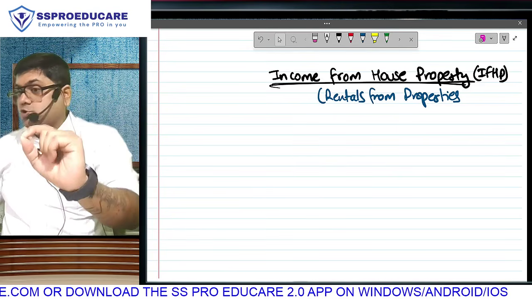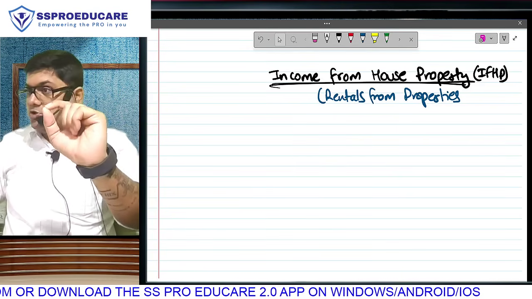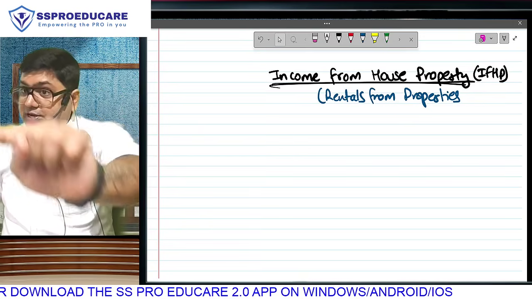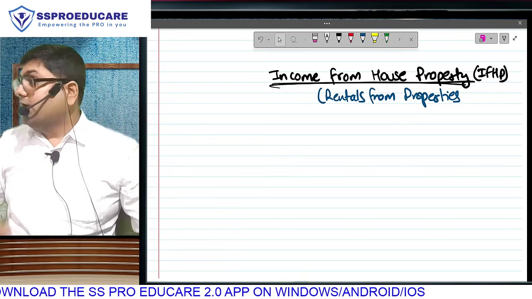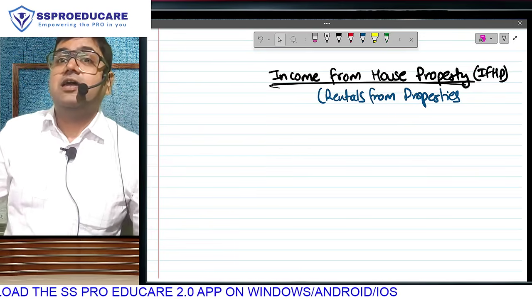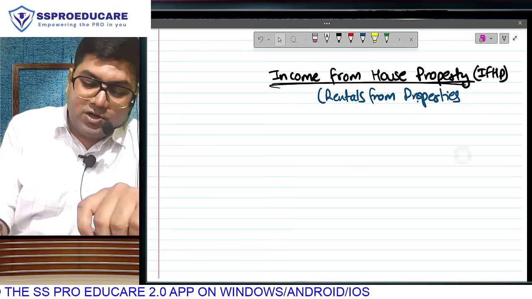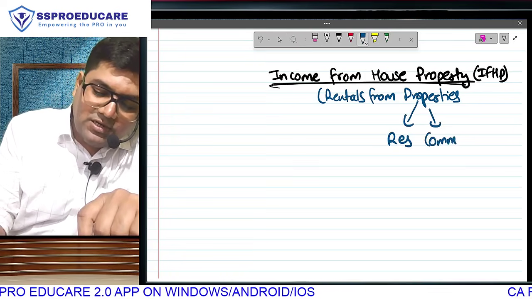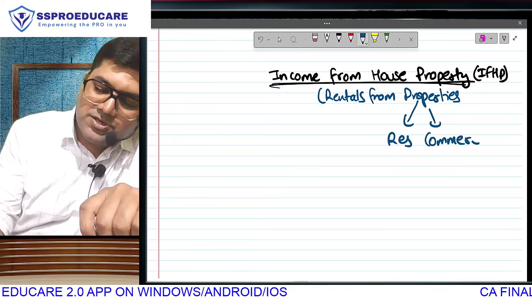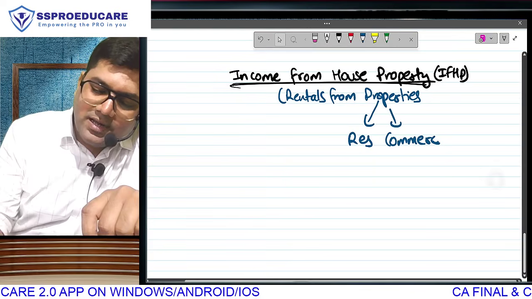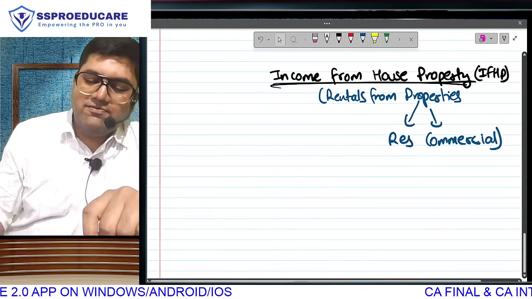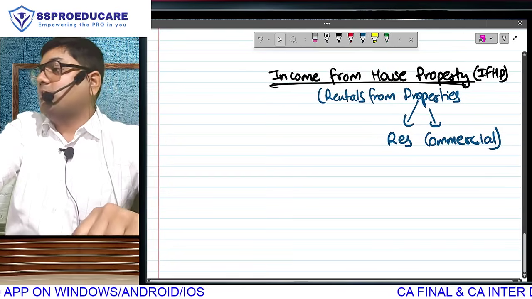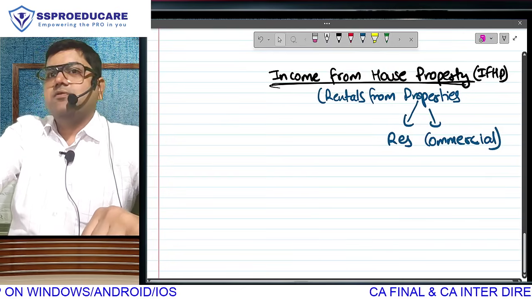Income from house property. And when you start reading the chapter in the Income Tax Act, in the very first line they say rental income from property of any kind, whether the property is residential or commercial. Rental income from property of any kind, whether residential or non-residential, commercial properties also will be taxed year on year.